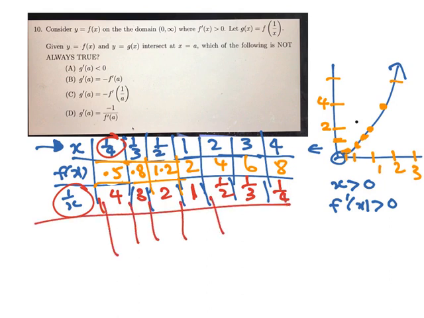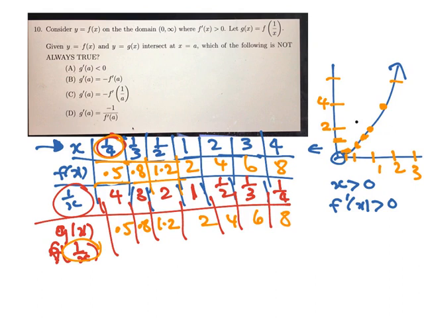So when you're doing the new graph, g of x, which is the same as f of 1 on x, what that means is that when you put in x equals a quarter, on the new graph, it's going to have the same y value as a quarter for the old graph. So that would be your 0.5, your 0.8, your 1.2, your 2, and your 4, your 6, and an 8.